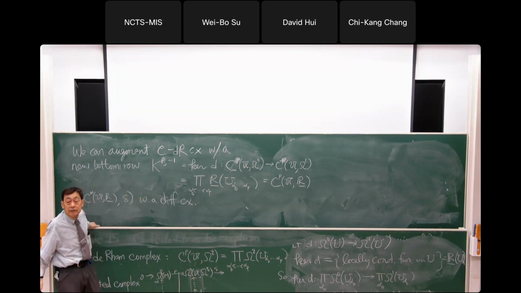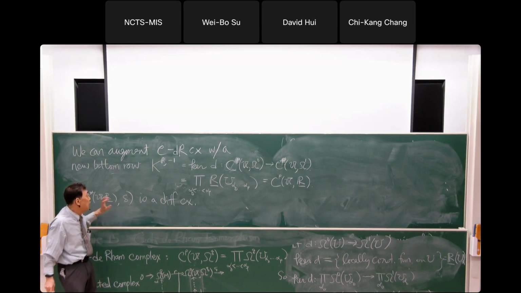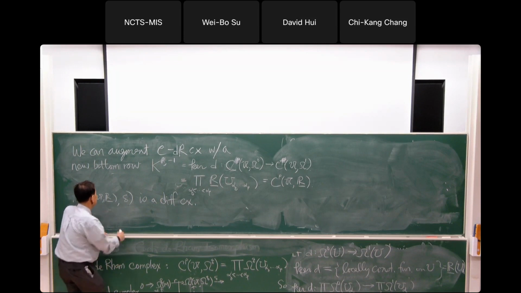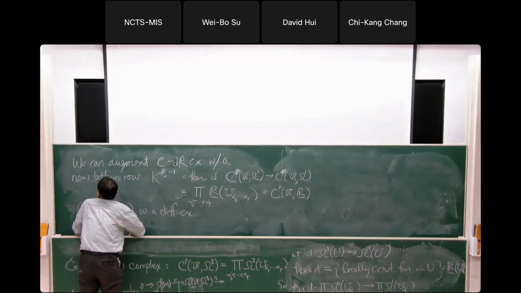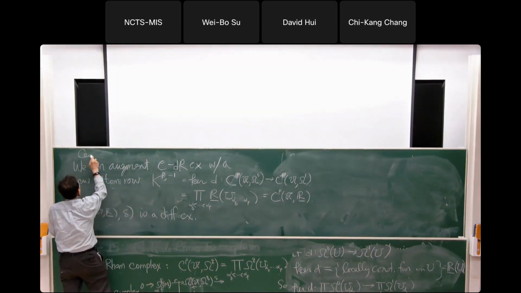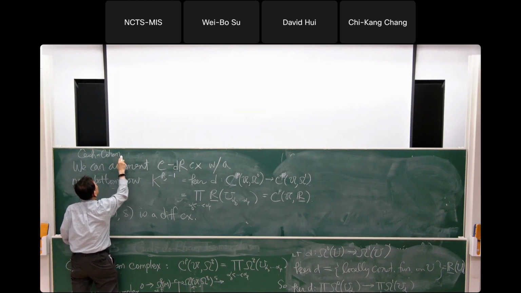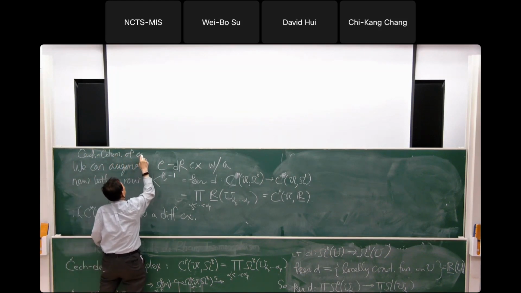And therefore, you can take its cohomology, and that's called Cech cohomology. The Cech cohomology of an open cover. Okay, maybe I'll write it here. Cech cohomology of an open cover.